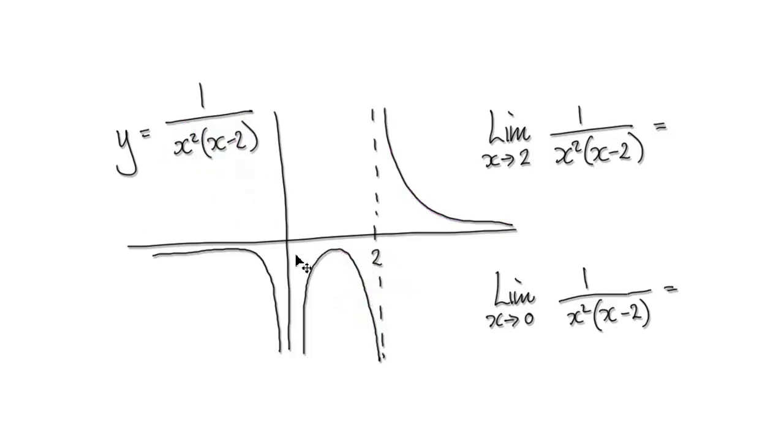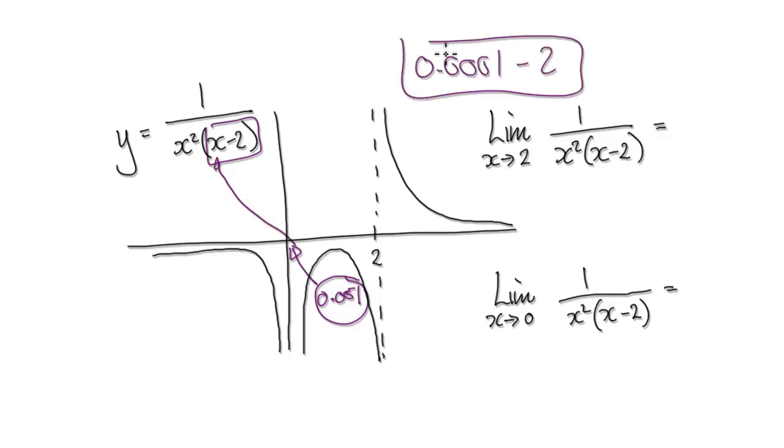Now consider when x equals 0. When x equals 0, this block here will always be negative. Hang on, just to the right of 0, let's say 0.00001. When you put it into this block, 0.00001 take away 2, it will always be a negative. This block here will always be a negative.